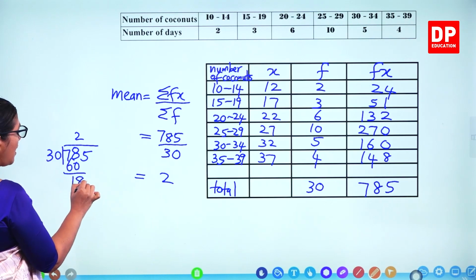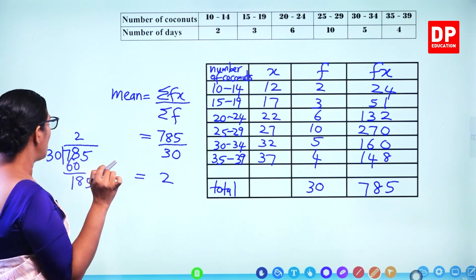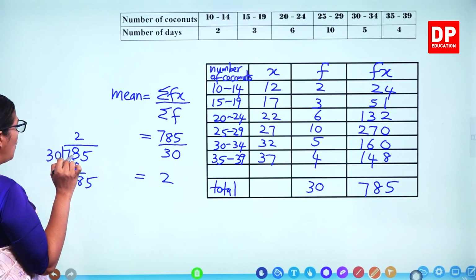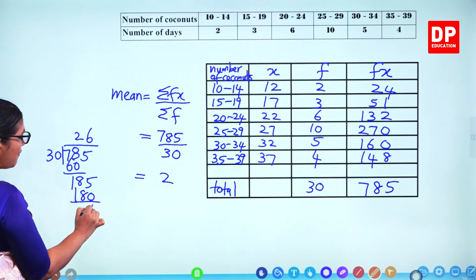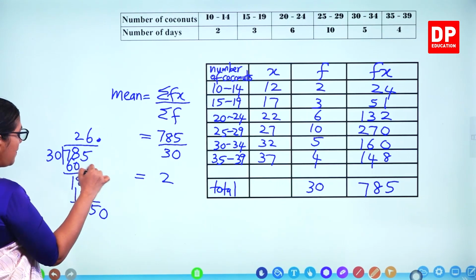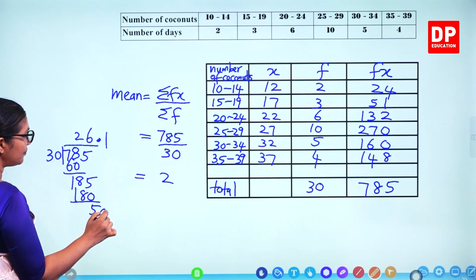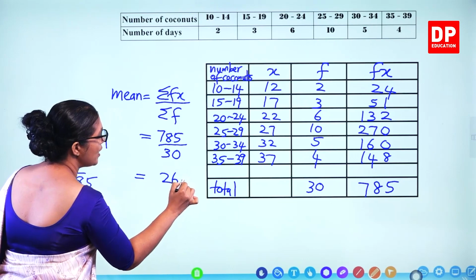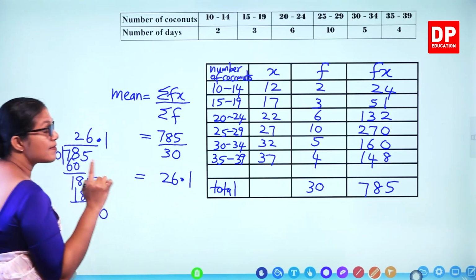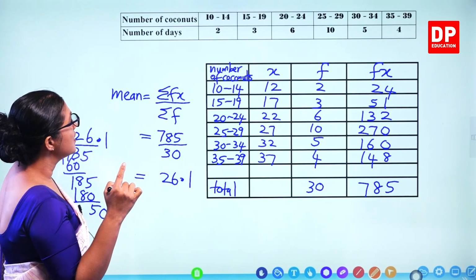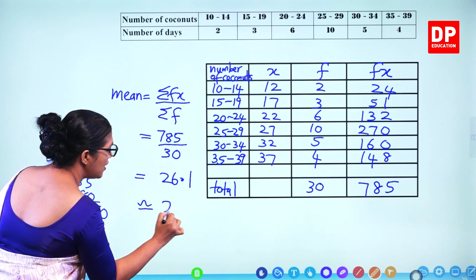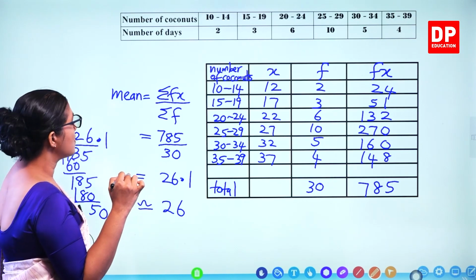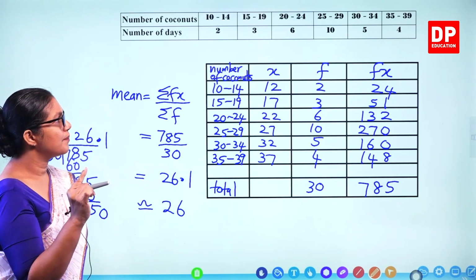And you get 26.1, but this is the number of coconuts. So we have to round it to the nearest whole number. So that's 26 coconuts per day.